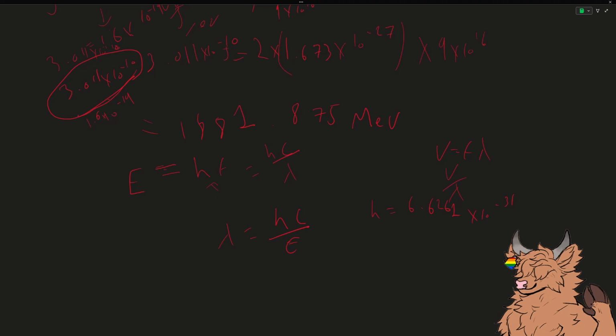I probably should round that to 6.63 times 10 to the negative 31. And then we times that by 3 times 10 to the 16, and we do that over our initial energy, our energy from over here, and that should give us our wavelength.